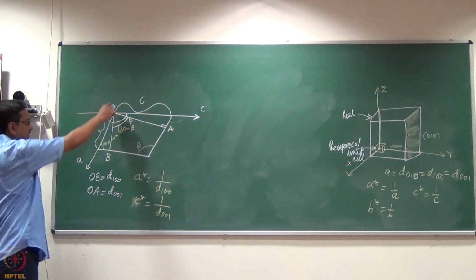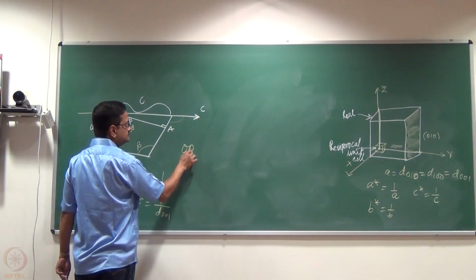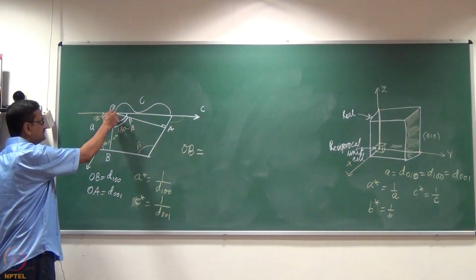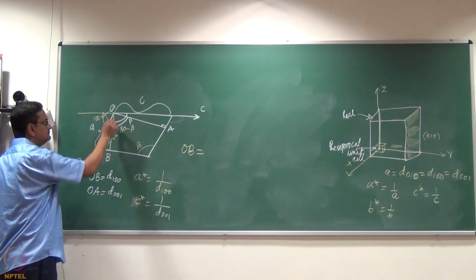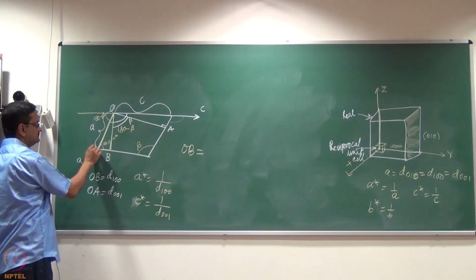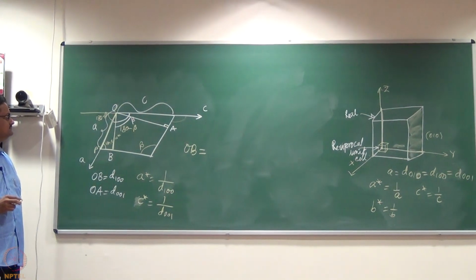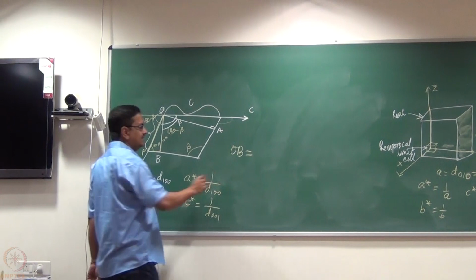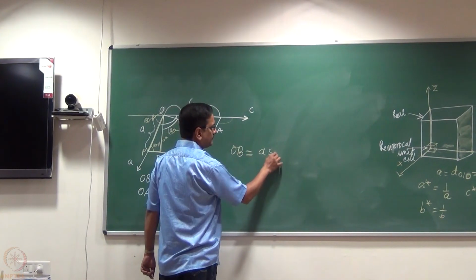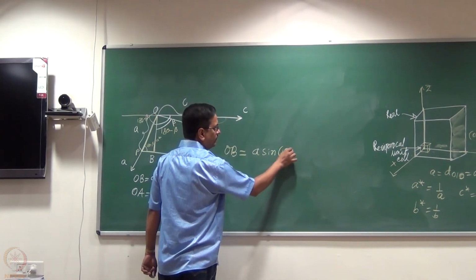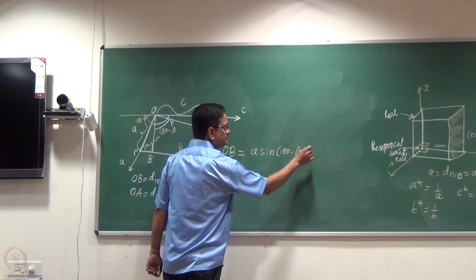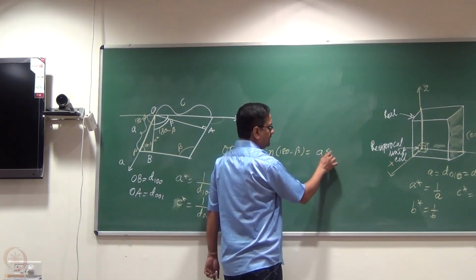So now can I write what is OB, considering this triangle? What is it? A sine (180 minus beta), which is equal to A sine beta.